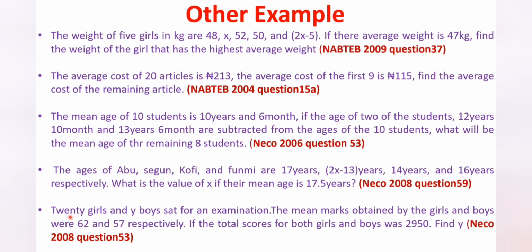Question 5. 20 girls and y boys sat for an examination. The mean marks obtained by the girls and boys were 62 and 57 respectively. If the total score for both girls and boys was 2,950, find the value of y.